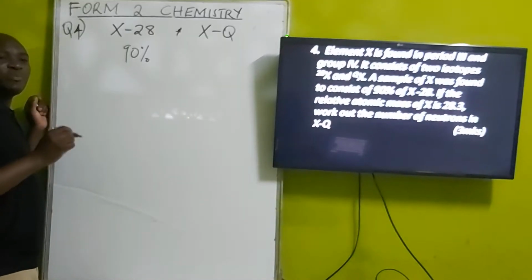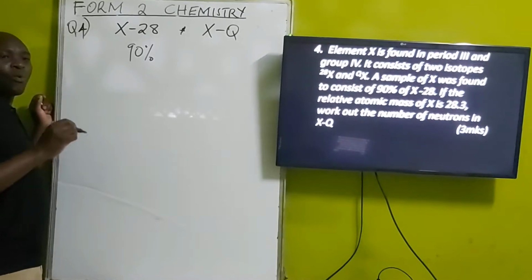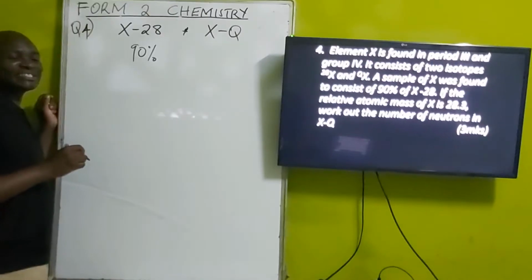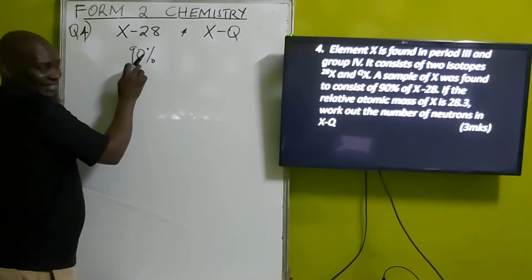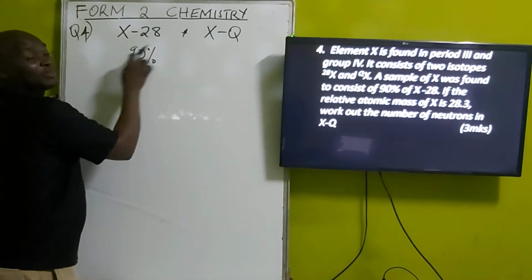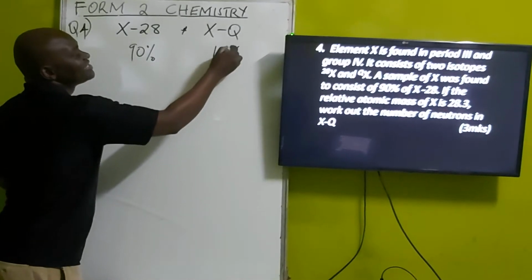If the relative atomic mass of X is 28.3, work out the number of neutrons in XQ. Now, if this is 90% and the two are supposed to form 100%, this one will be 10%.